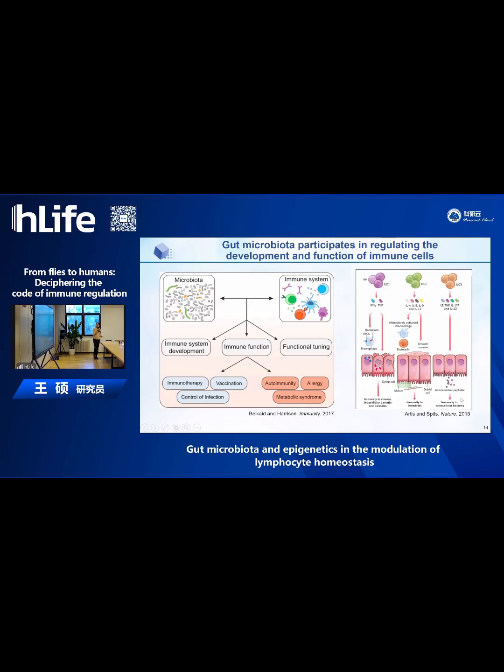So different types of ILCs have different functions, but they come from the same precursor. And the function of these ILCs is also regulated by environmental signals, such as bacteria, and especially commensal bacteria.